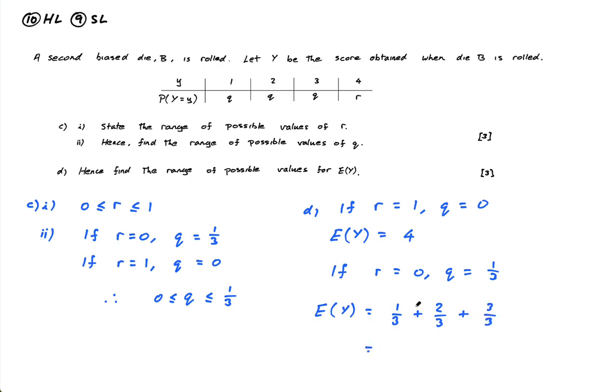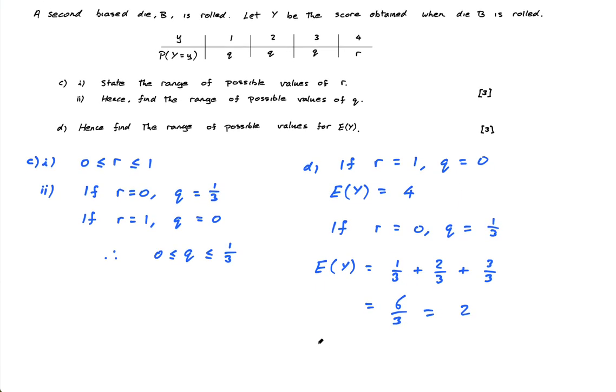And this all equals 1 plus 2 plus 3 is 6, which is 6/3, which is equal to 2. Therefore, the range of possible values of the expected value of Y has to be bigger or equal to 2.